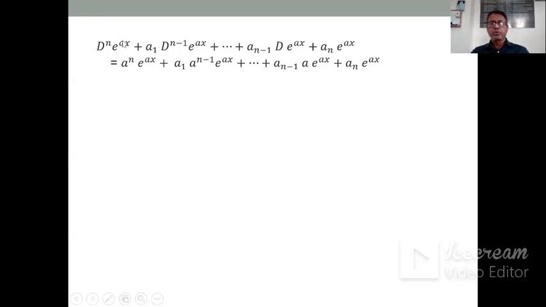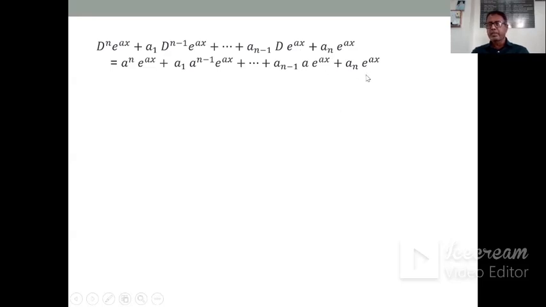But we have just seen that the nth derivative of e to the power ax is a to the power n e to the power ax. Now the (n minus 1)th derivative of e to the power ax is a to the power n minus 1 e to the power ax, and so on. The first derivative of e to the power ax is a e to the power ax, this term as it is.